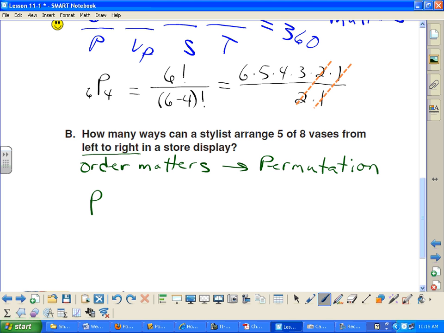So I have 8 items, and I'm going to choose 5 of them. So we have 8 factorial in the numerator, and 8 minus 5 factorial in the denominator. Okay.